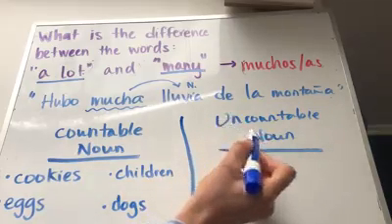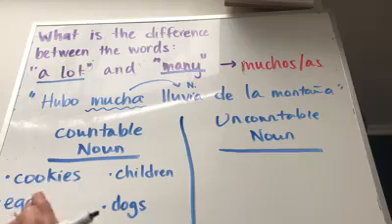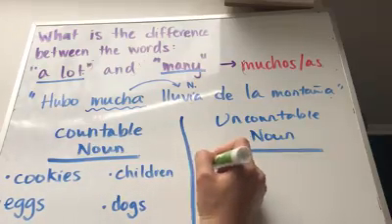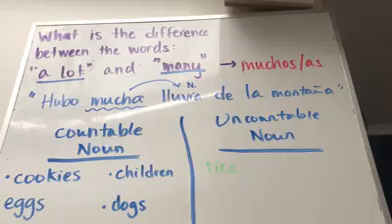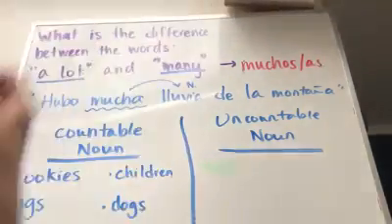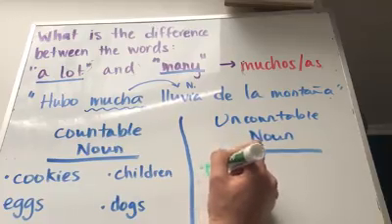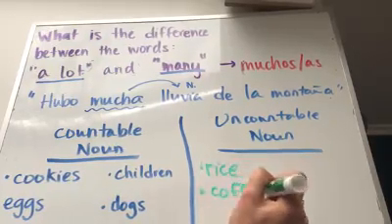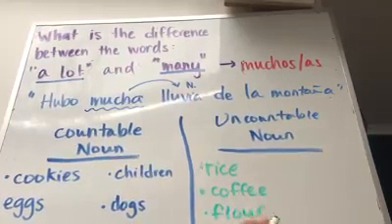And then we have uncountable nouns, cosas que no podemos contar. For example, an example of something we can't count is rice, arroz. No podemos contar parte por parte los pedazos de arroz, rice. Coffee, café, o flour, avena.